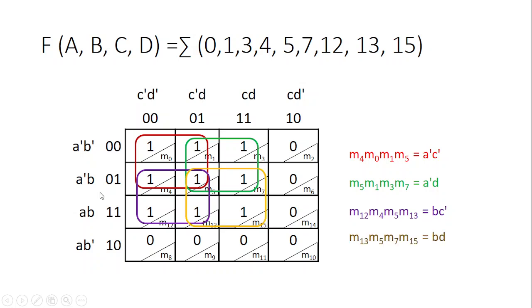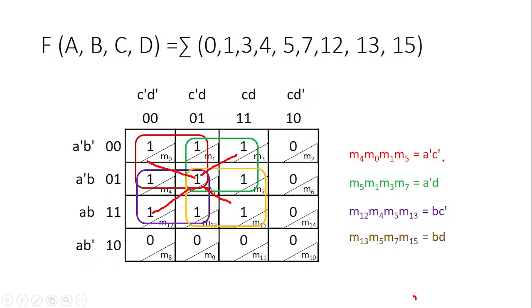Let's go to the next one. That is the next option over here. And let's look at this one. Remember the last option. Now you notice that this one is shared between this group, this group, this group and this group. So it is shared among 4 groups, but that's okay. Why? Because you are forming a quad, and in quad, if you look over here, A, B, C, D were the variables. B and D are vanished.